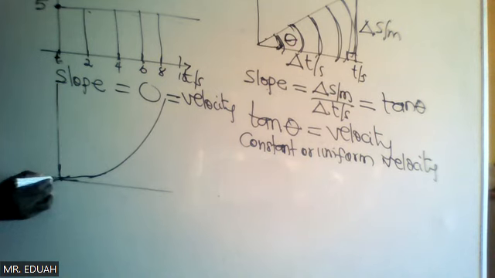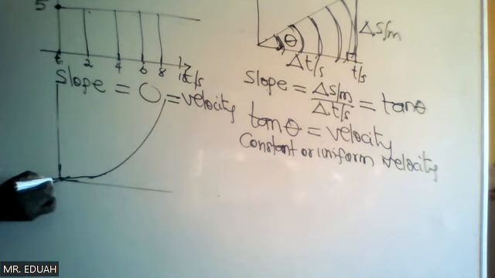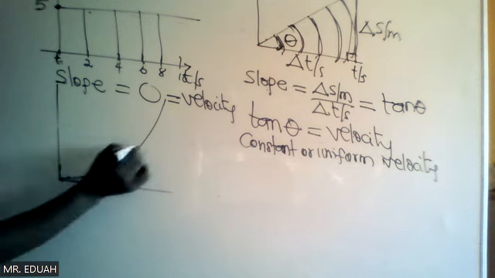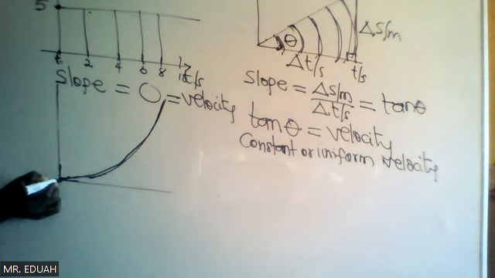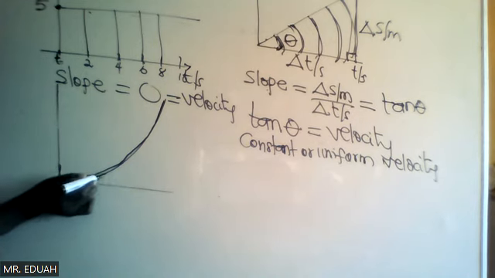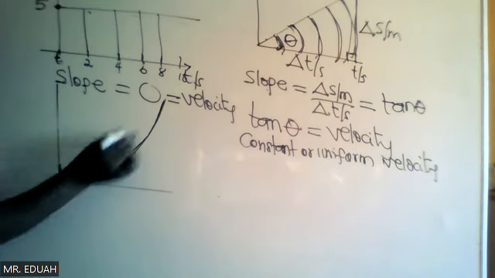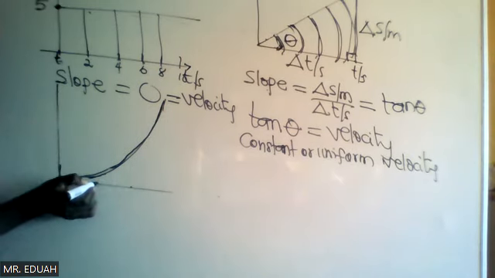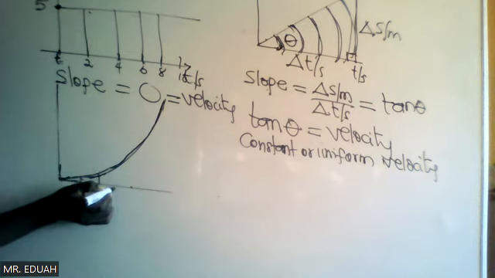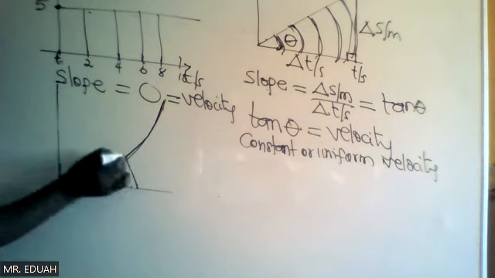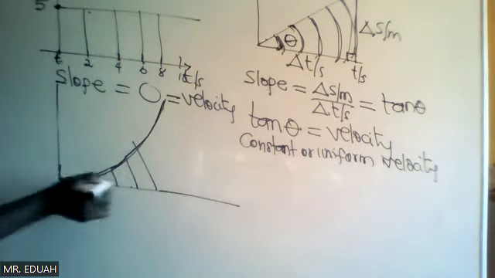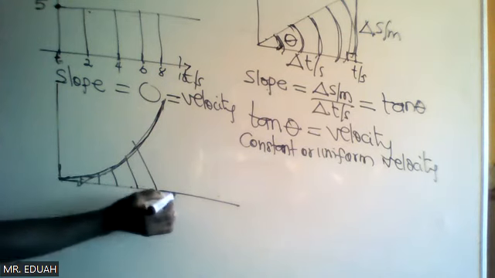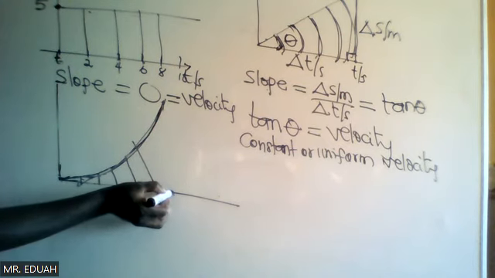At time t equal to this, the angle the curve makes with the time axis is 0. As time increases, what is happening to the angle between the curve and the time axis?